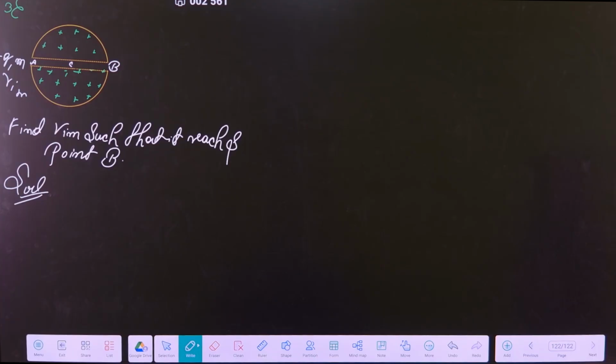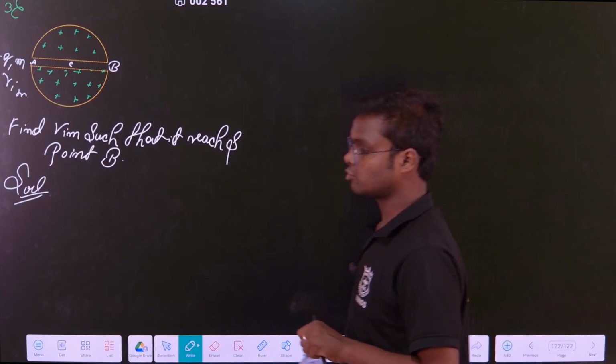How to solve this V minimum? How to find this V minimum? What is the approach? See, it is okay that we have to apply the energy conservation. That is not a problem. But what is the approach? How to calculate?